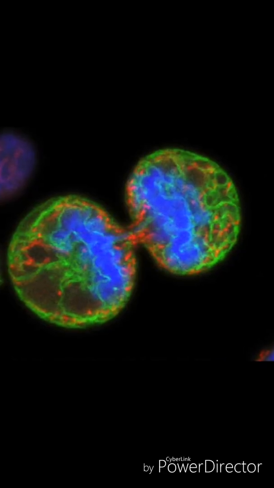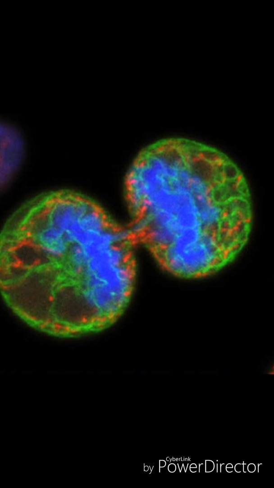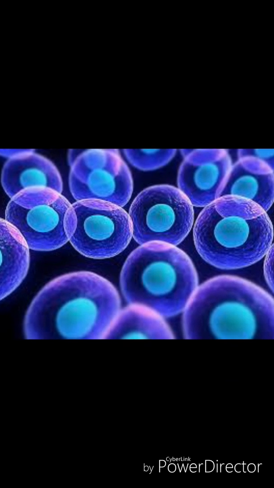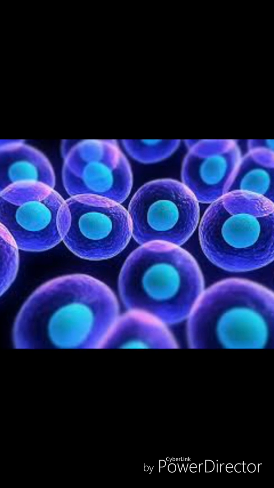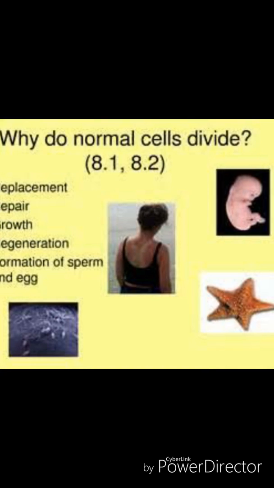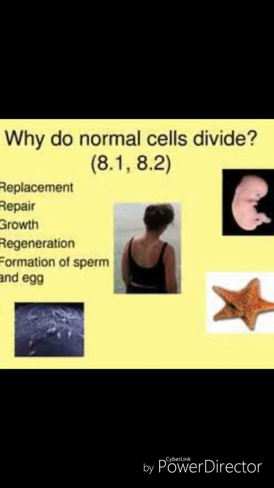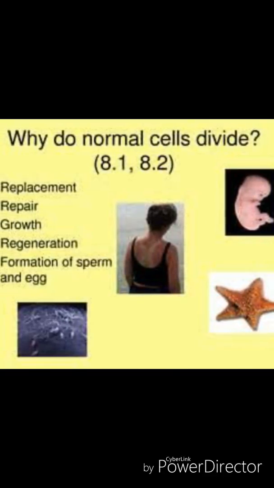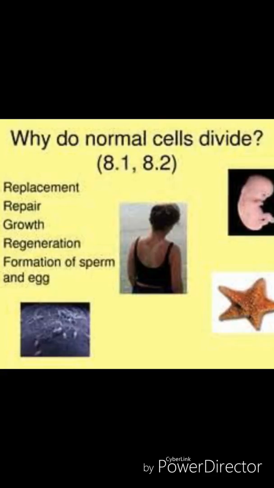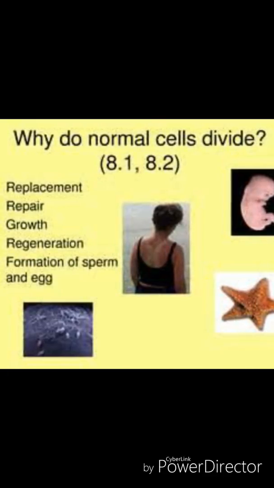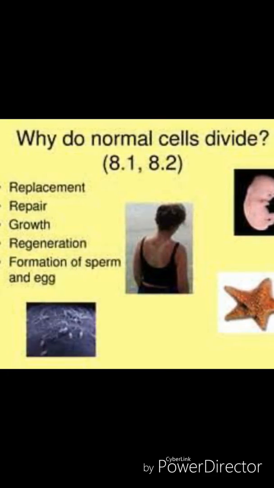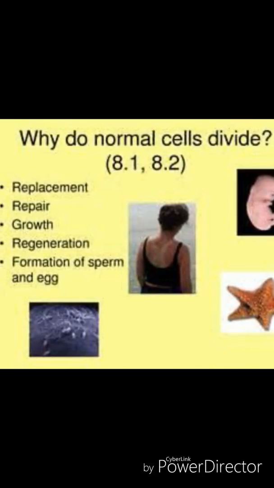I wonder why the cells divide. How many cells are in our body? Well, cells divide for many reasons. For example, when you hurt your knee, cells divide to replace old, dead, or damaged cells. Cells also divide so living things can grow. When organisms grow, it isn't because cells are getting larger.